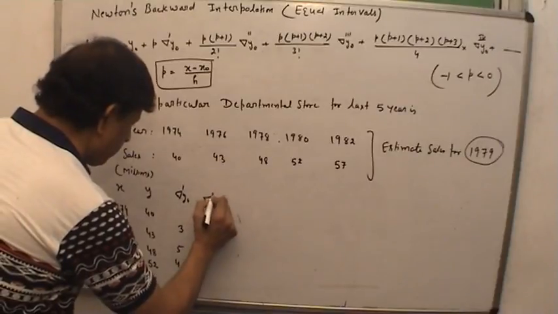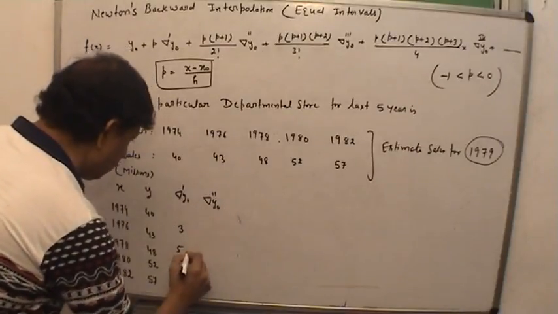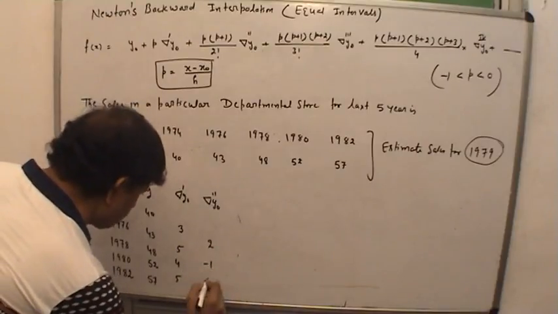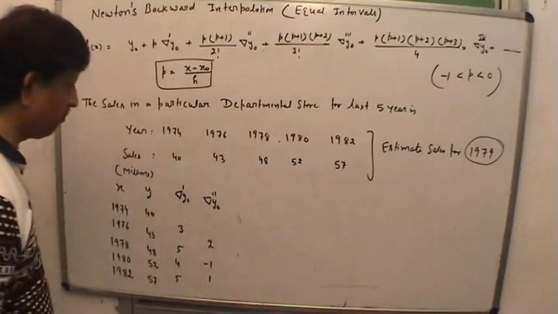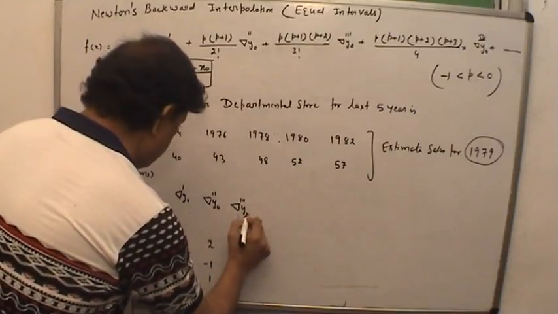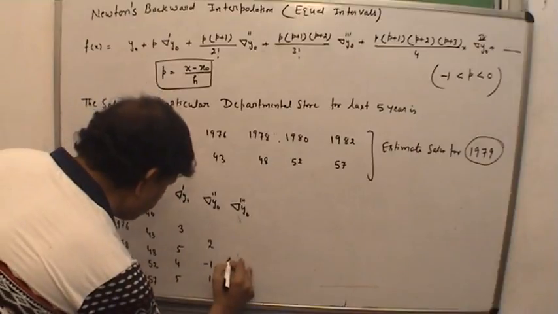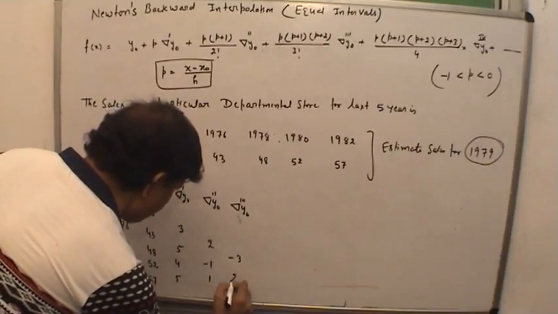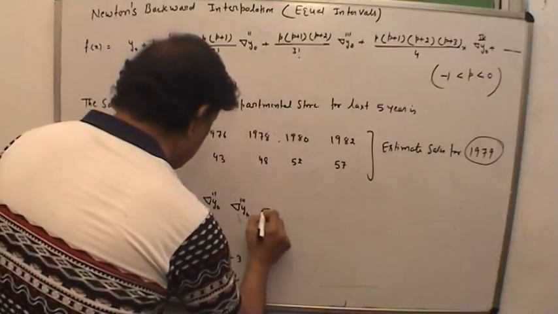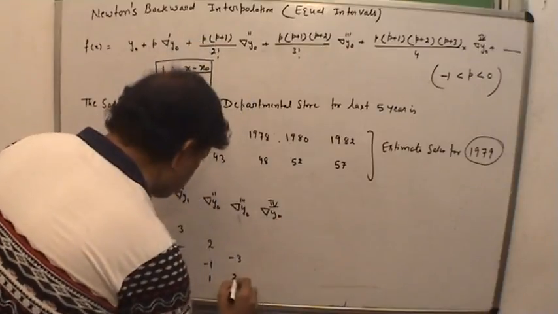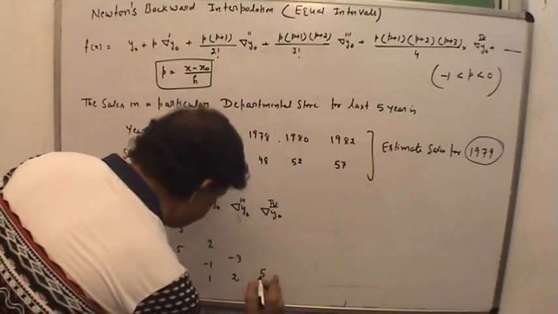Then reverse delta 2 y0: 5 minus 3 is 2, 4 minus 5 is minus 1, 5 minus 4 is 1. Then delta 3 y0: minus 1 minus 2 is minus 3, 1 minus minus 1 is 2. Delta 4 y0 is equal to 5.